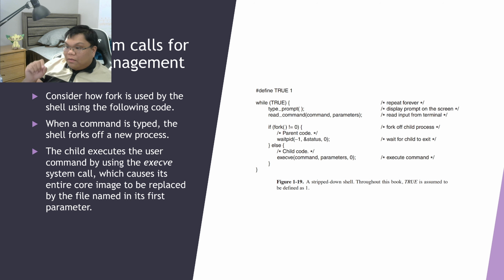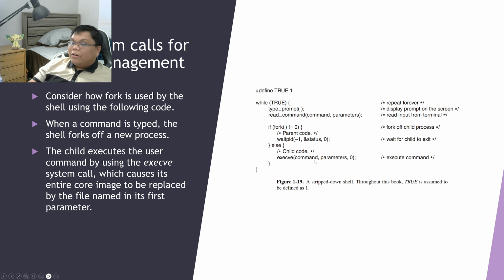Otherwise, if you are the child, you're gonna call some other system call, and that is execve. What is this? The child executes the user command by using the execve system call. That causes the child's entire core image to be replaced by the file named in the first parameter of this execve system call.